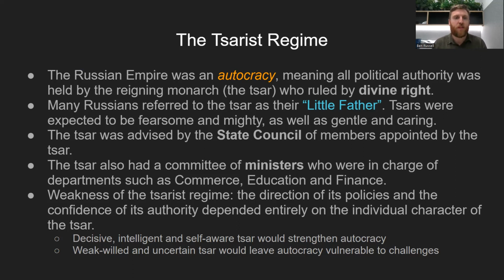By that, I mean that a decisive, intelligent, self-aware, strong Tsar, who had all of those qualities, would generally strengthen the autocracy, whereas a weak-willed or uncertain Tsar, or a Tsar that was not ready to rule, would leave the autocracy vulnerable to challenges.